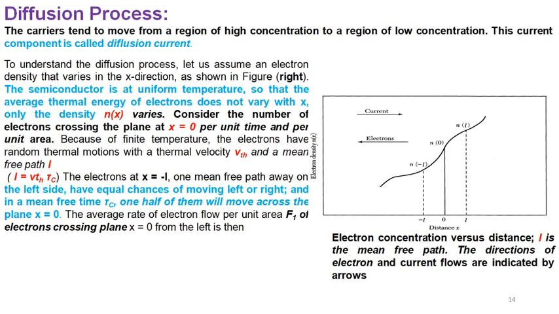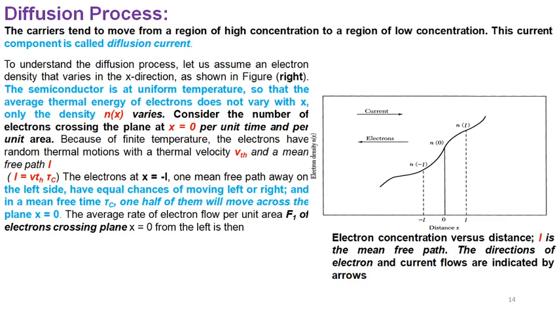To understand the diffusion process, it is shown in a figure: the electron concentration, or the density of electrons, number of electrons per unit volume, versus distance, where we take a distance from minus L to plus L, that is the mean free path. The direction of electron flow is shown here, and the current is oppositely signed.